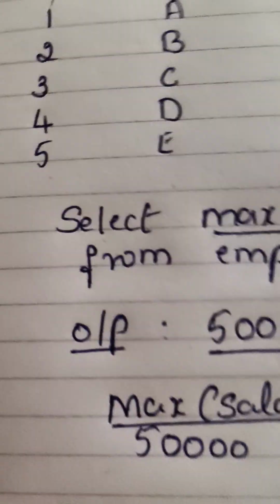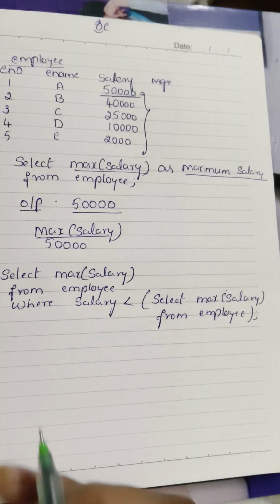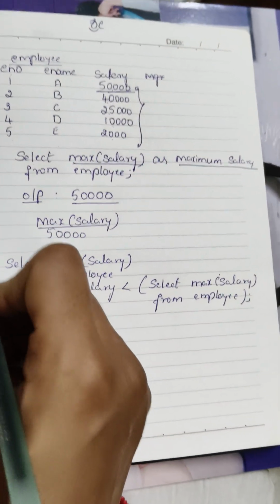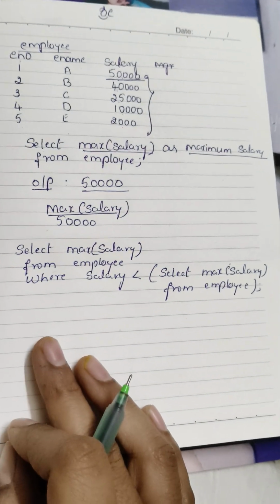This is how to write the query. This is one method to find out the second maximum salary.